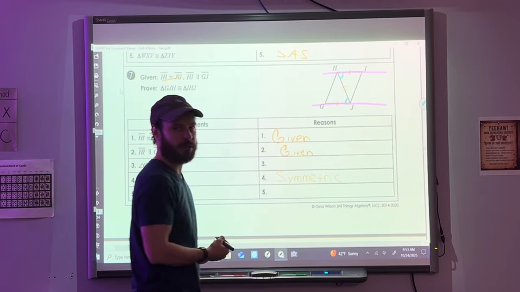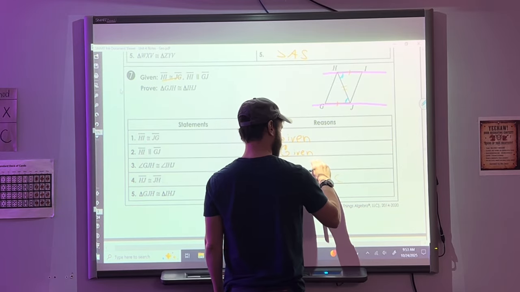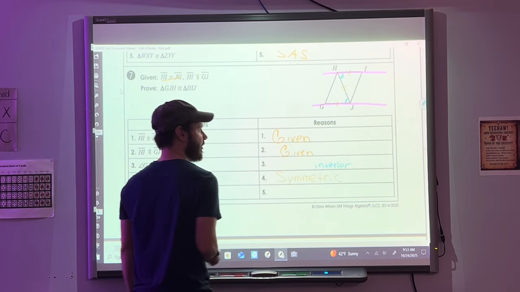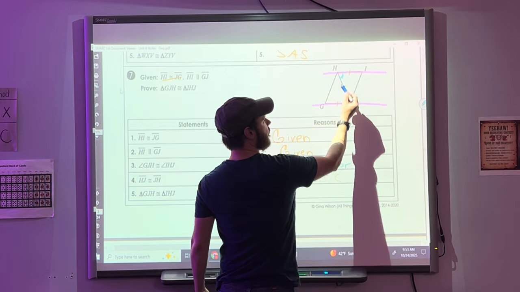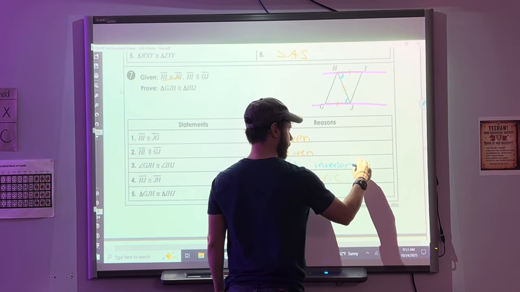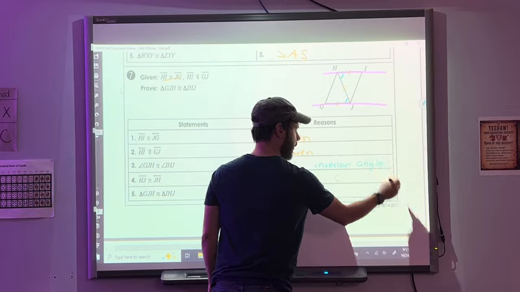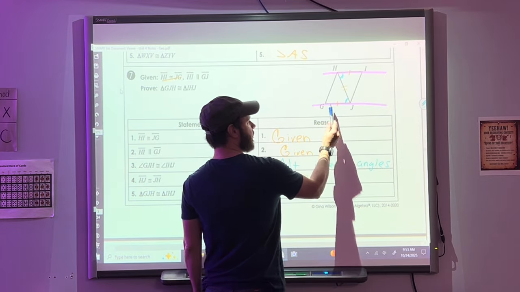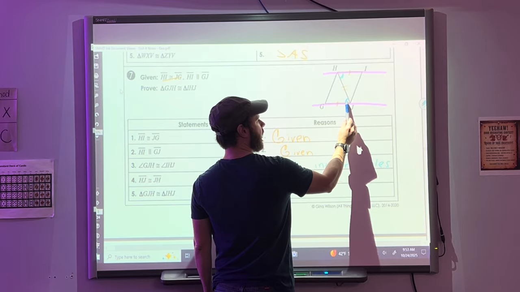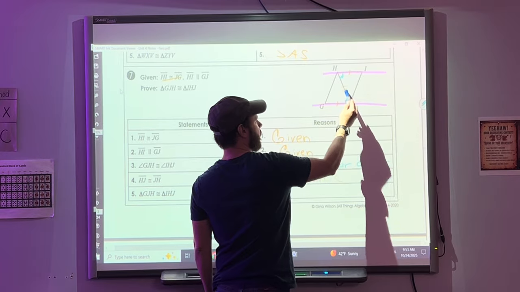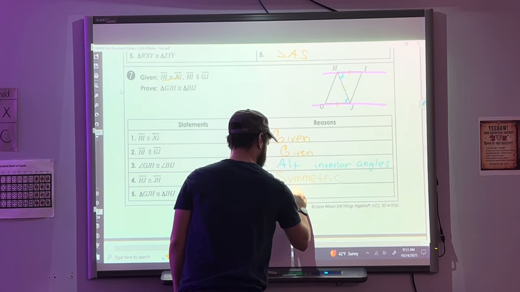They're both inside the parallel lines. So they're interior. This one's on the left, this one's on the right, so I have alternate interior. They're alternate interior angles. And now I have this nice sandwich, side, angle, side. Side number one, angle, side number two, SAS.